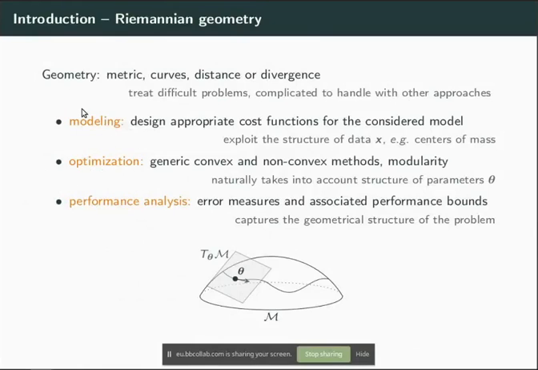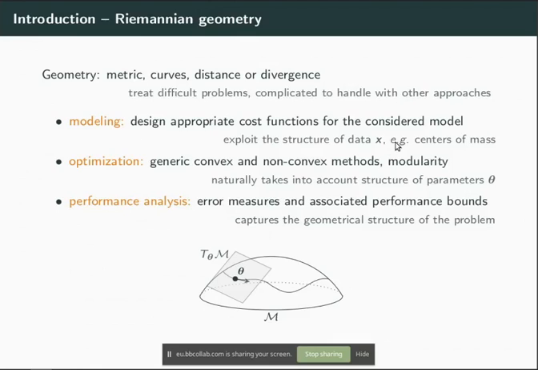So for modeling, in fact, we can consider the structure of the data or the parameters in order to define appropriate cost function. So it will be our first example today. I will talk about this for blind source separation.